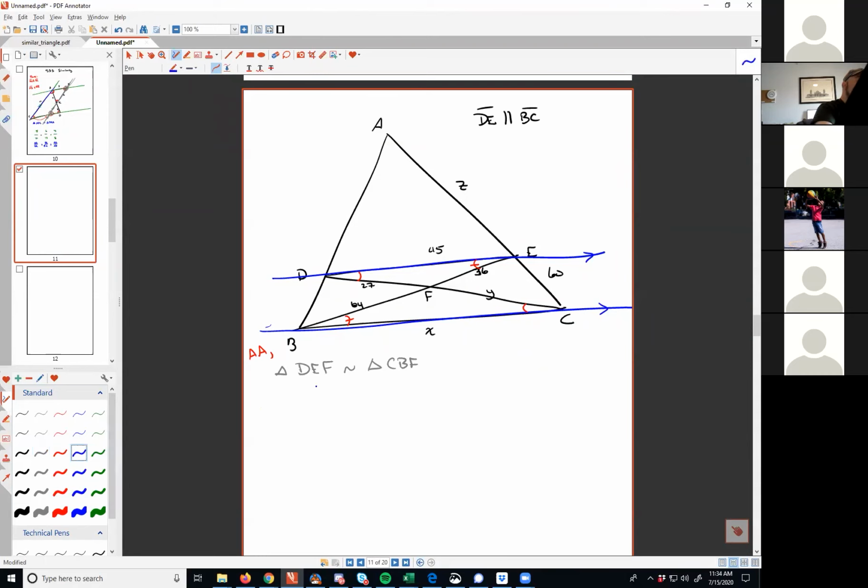And that means that we can go ahead and just write out ratios. DE is to CB as EF is to BF. And DF is to CF. Oh, and the last one, you're right.